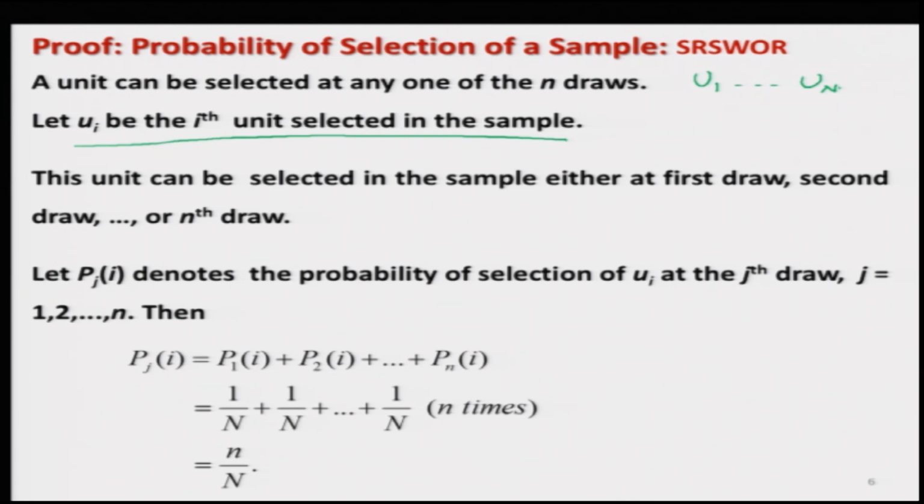So, I am saying that I want to select this Ui in my sample. Now, what are the different possibilities? This particular unit Ui can be selected in my sample in the first draw, or in the second draw, or in the nth draw.